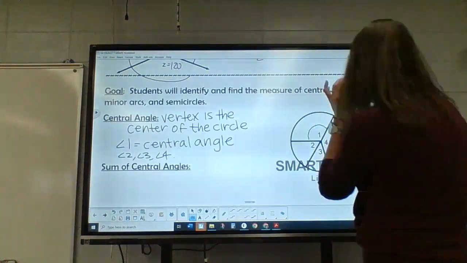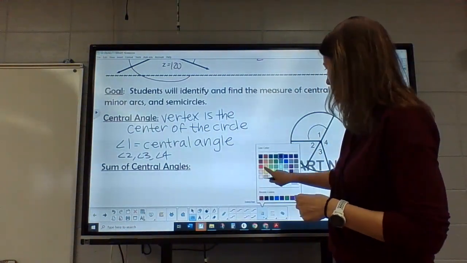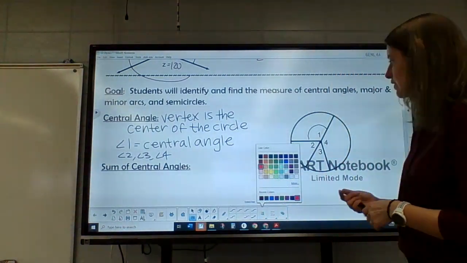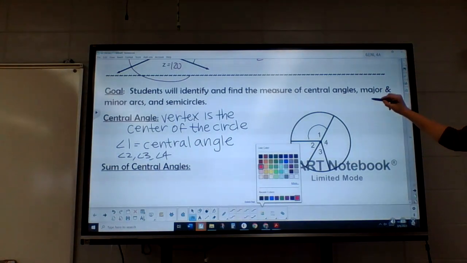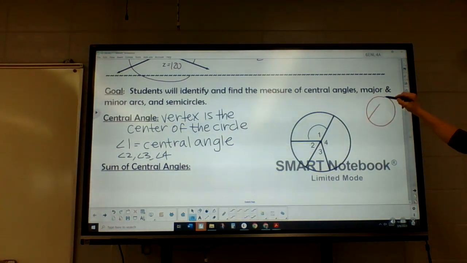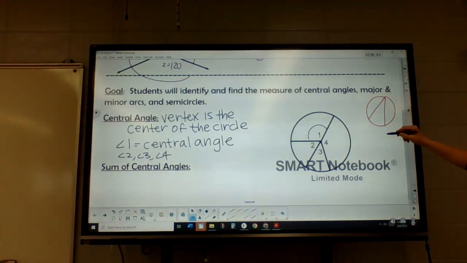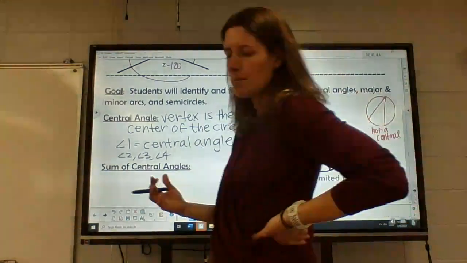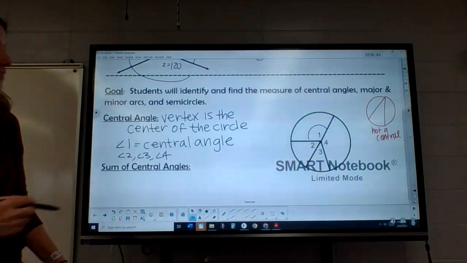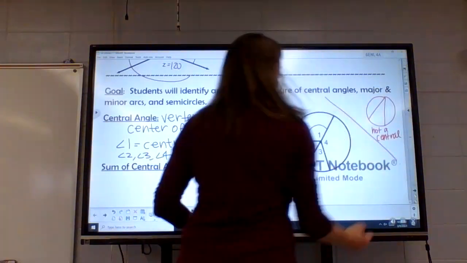Now I do want to point out what's not a central angle, so we'll talk about a drawing like this later. Something like this is not a central angle because it's not centered at the center of the circle. We'll talk about those types later, but that's not considered a central angle. So make sure that's clear.